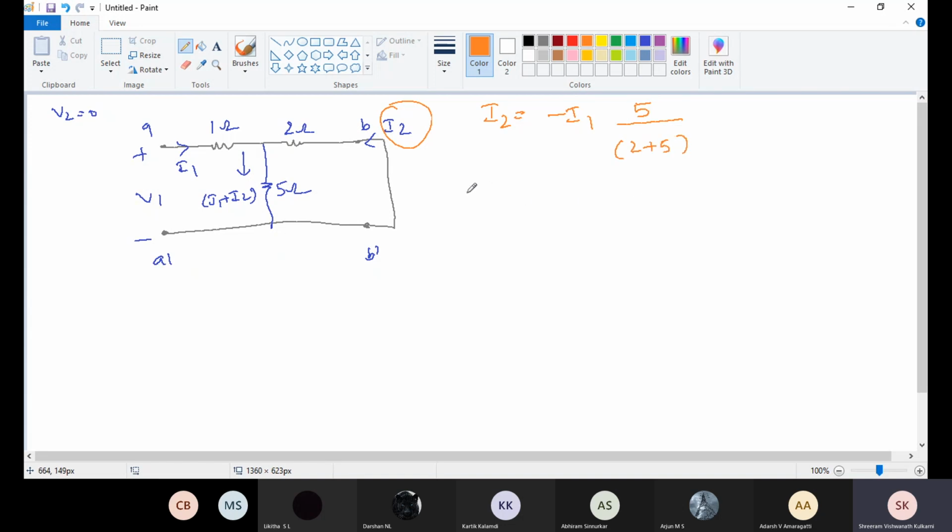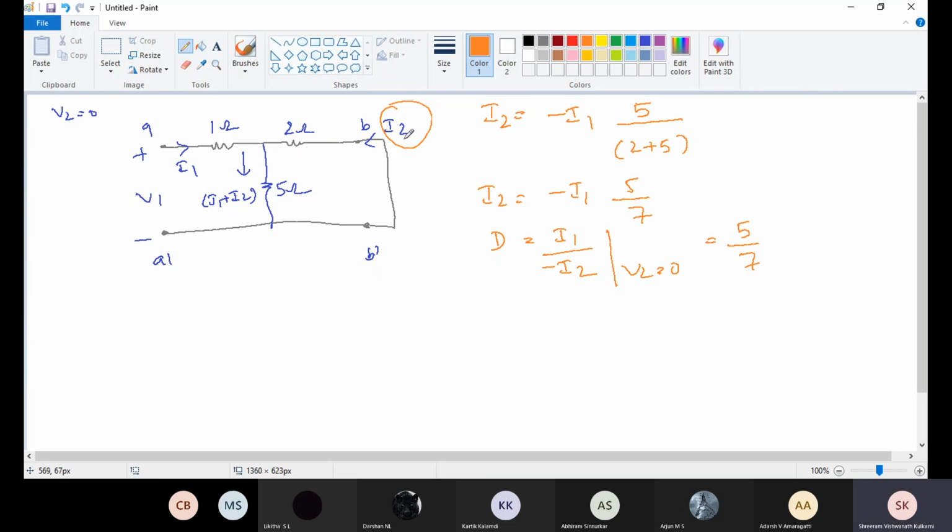I'll get I2 equal to minus I1 times 5 by 7. That is, D equals I1 by minus I2 when V2 equals 0, that is 5 by 7.